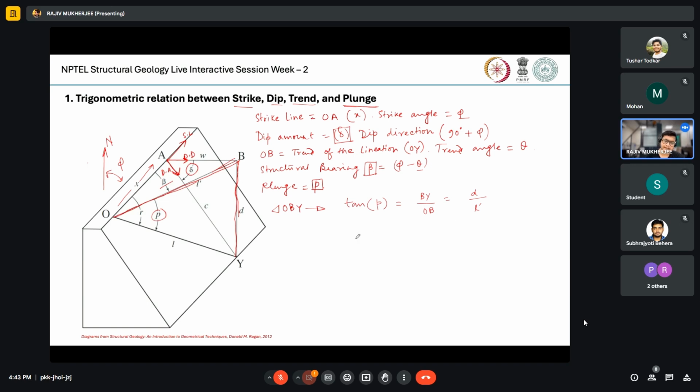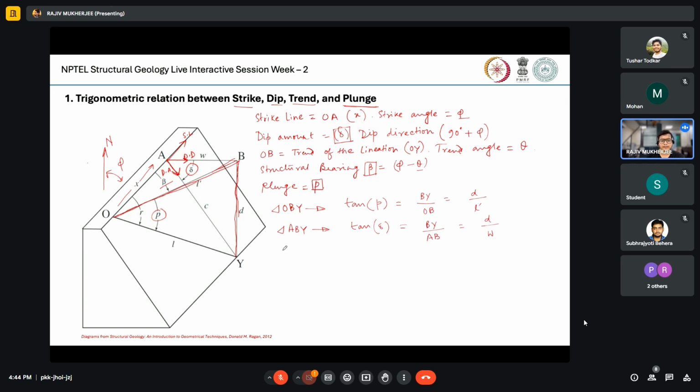Also, now if you see for triangle ABY, we can calculate tan delta. In case of triangle ABY, BY again is the perpendicular and AB is the base. So tan delta will be the perpendicular by base. That means BY by AB, which will be D by W, right?